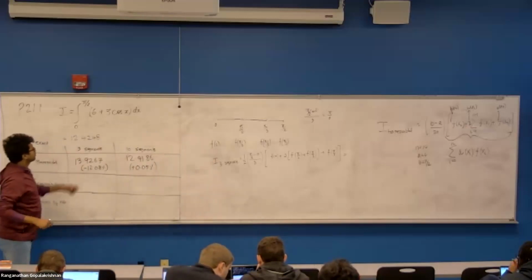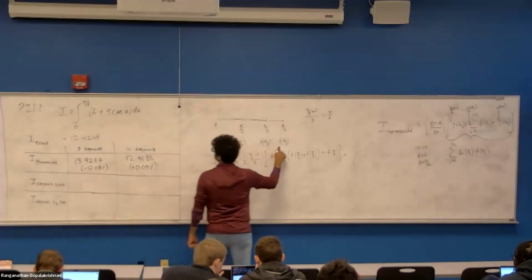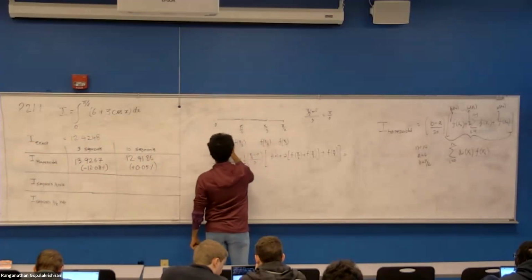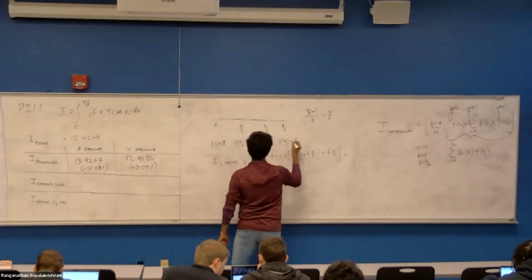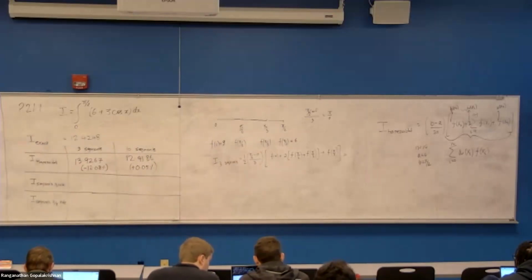Okay, what is f of 0? 6. What is f of pi by 2? I'm sorry, f of 0 is 9. f of pi by 2 is 6. What is f of pi by 6? Pi by 6 is 8.9631.